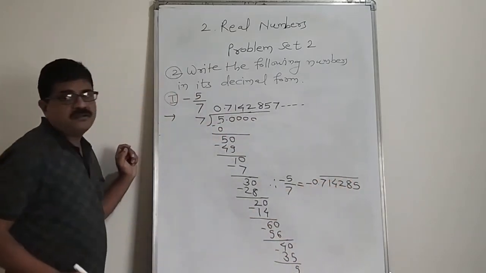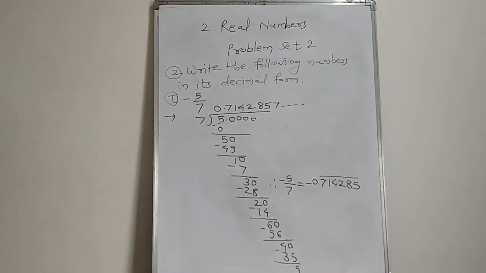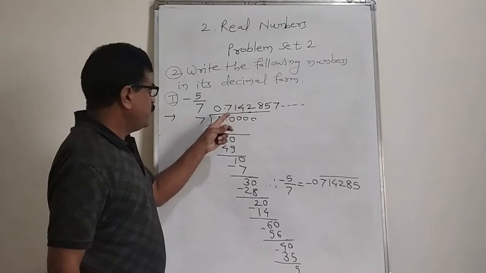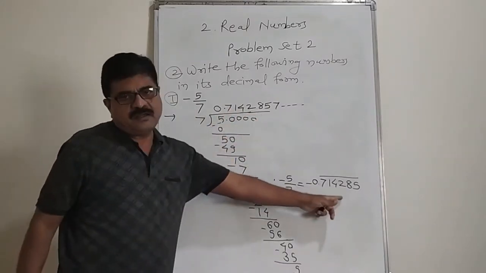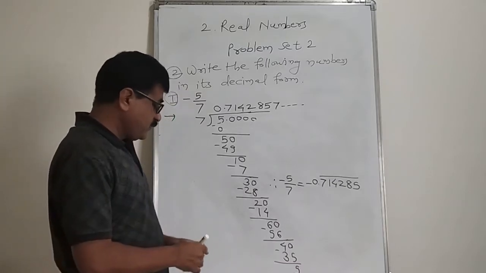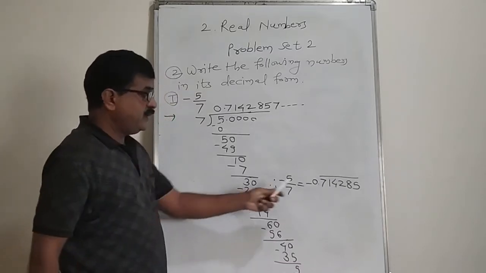These numbers are repeating. Now here 714285, these numbers are repeating numbers. Therefore this is in decimal form.